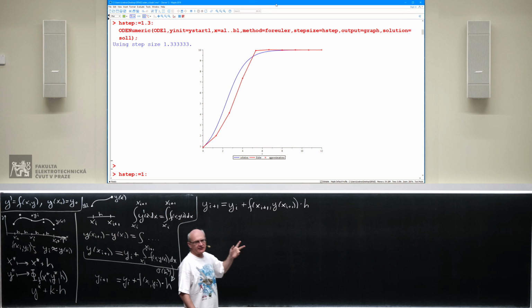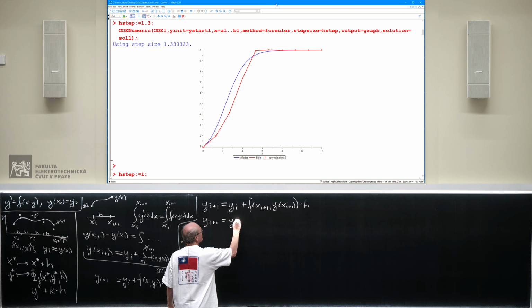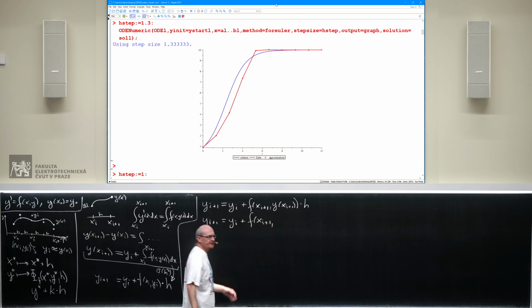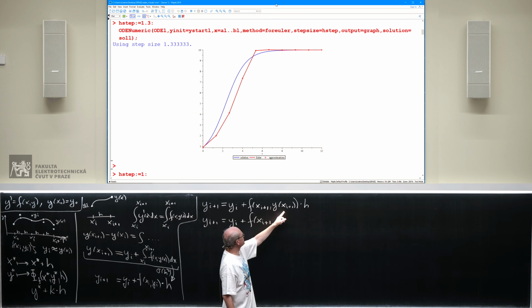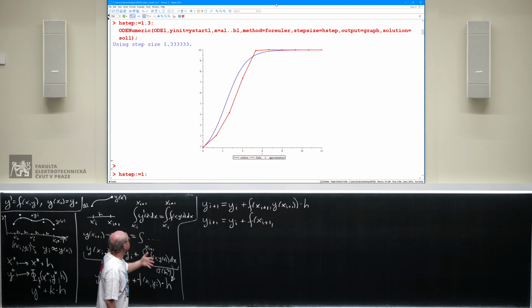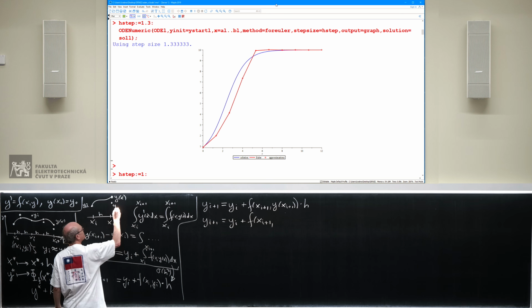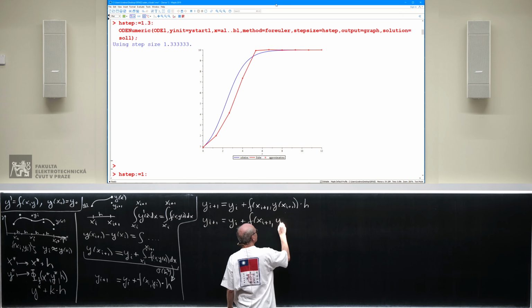But we have to make another error because, let's have a look at it. In the integral, we are substituting x_{i+1}, which is the next point in the partition. This we know. But then we substitute it into the solution that we do not know. But we can imagine that we are reasonably successful in our attempt to approximate this new value. And there will be some new approximation called y_{i+1}, and we can therefore use it here, making another error.